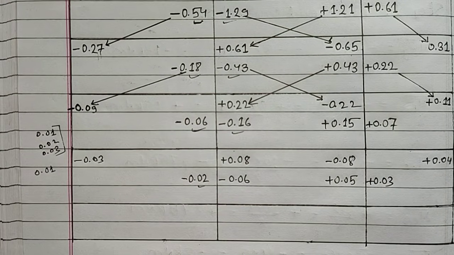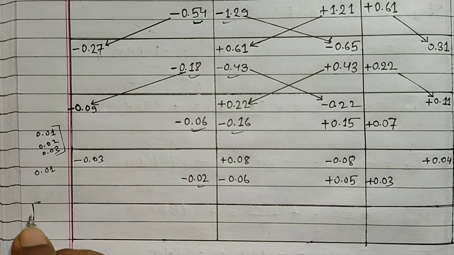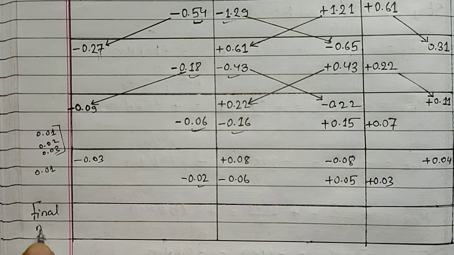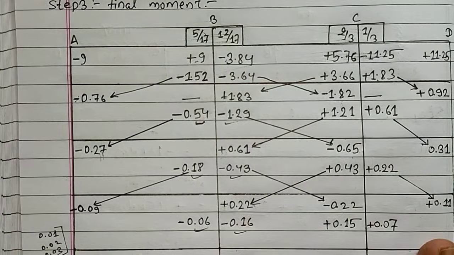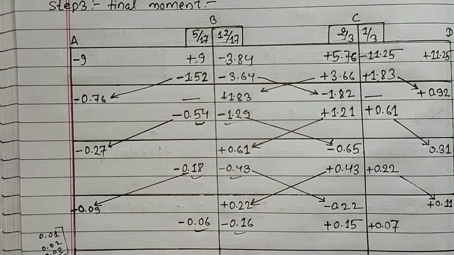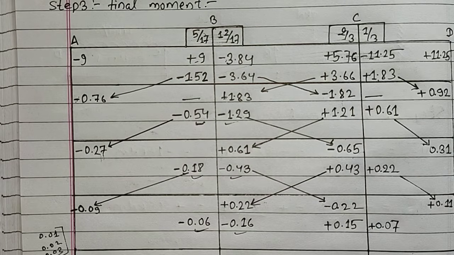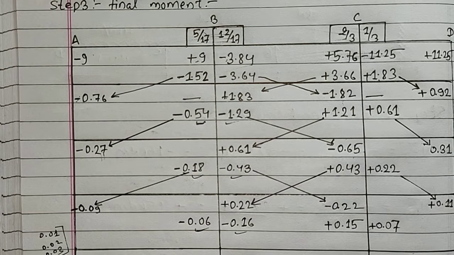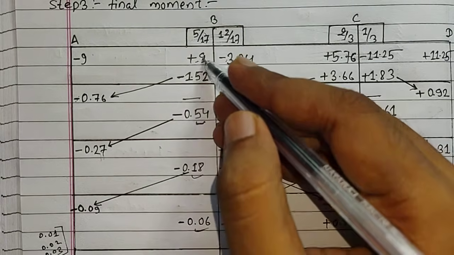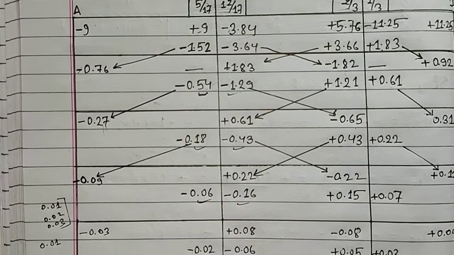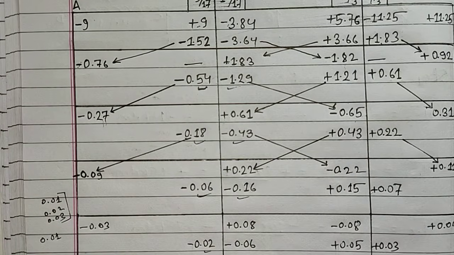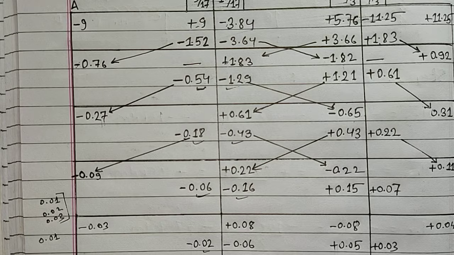Now for finding the final moment, what we need to do is add all these numbers. On adding all these numbers, we will have here minus 10.15. Similarly, on adding this whole column, we will have the final moment as plus 6.68.